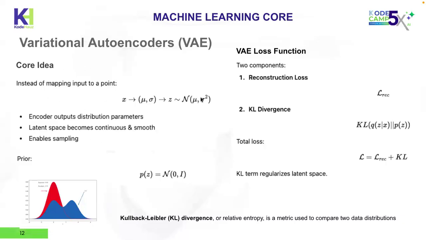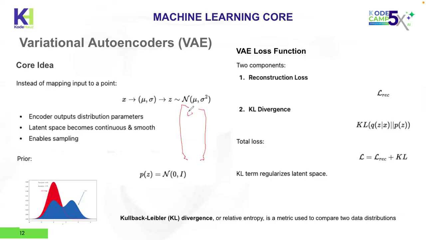So instead of mapping the input to a single point in the latent space, where you would have said, okay, a single sequence is mapped to a single point in the latent space, and another single sequence is mapped to another single point. When I say single point, let's say the dimension of your latent space is 32.